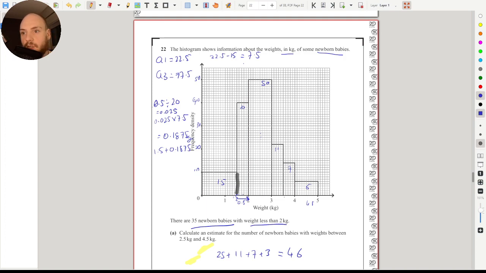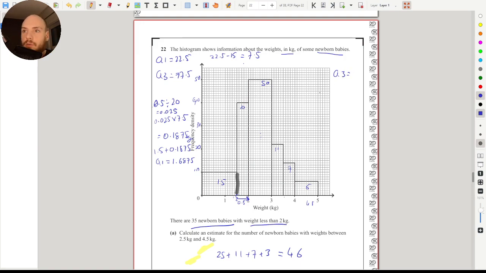We can just work out the kilograms in weight, because essentially the width of it is 0.5 kilograms, so we're finding what each block represents in terms of kilograms, width-wise. So that means our Q1 value would be 1.6875.